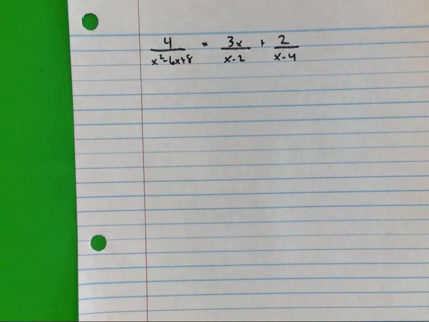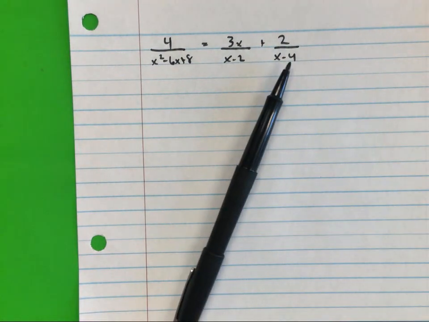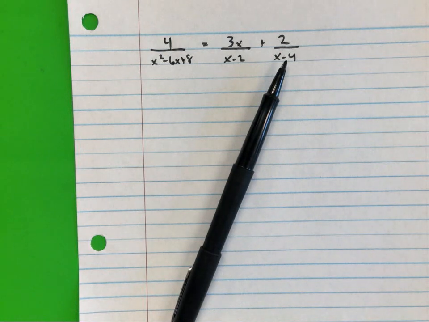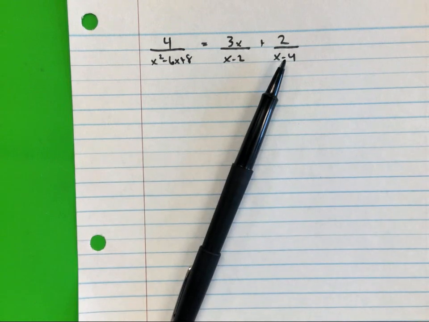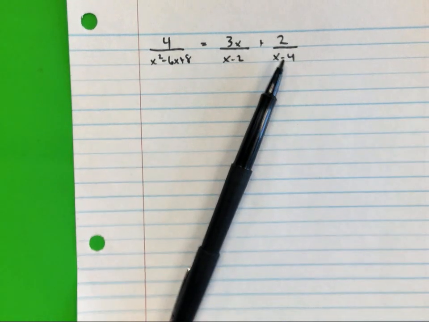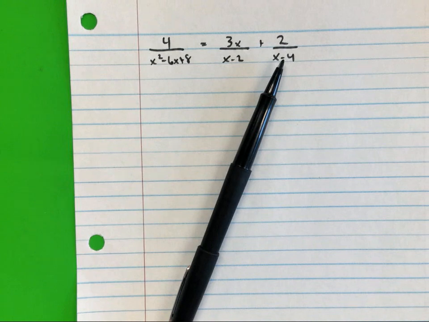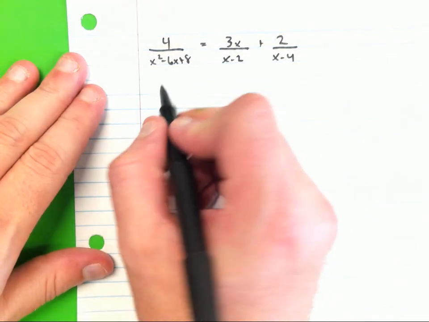All right. How do we solve an equation like this? Find the GCF and multiply through by the common denominator. So in order to find the common denominator, we need to factor, don't we? So I'm going to factor this.